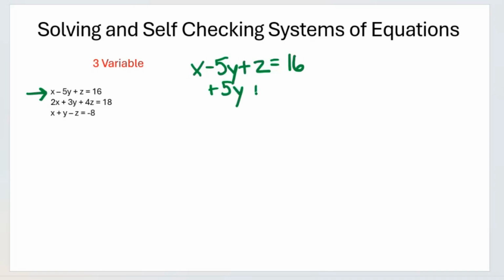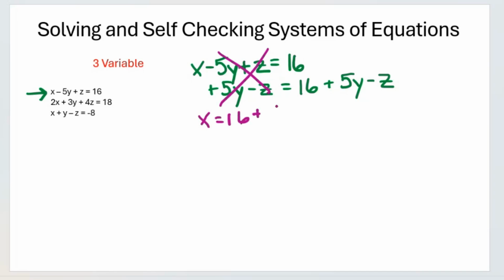I'm going to add or subtract z here. And I'm going to do the same thing over here. Plus the 5y minus the z. All right, and this part is going to cancel out. So I am left with just x equals 16 plus 5y minus z.